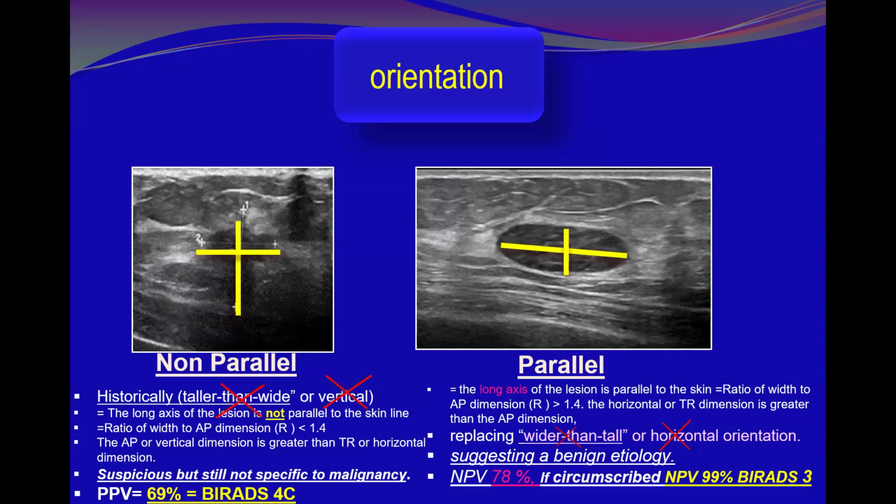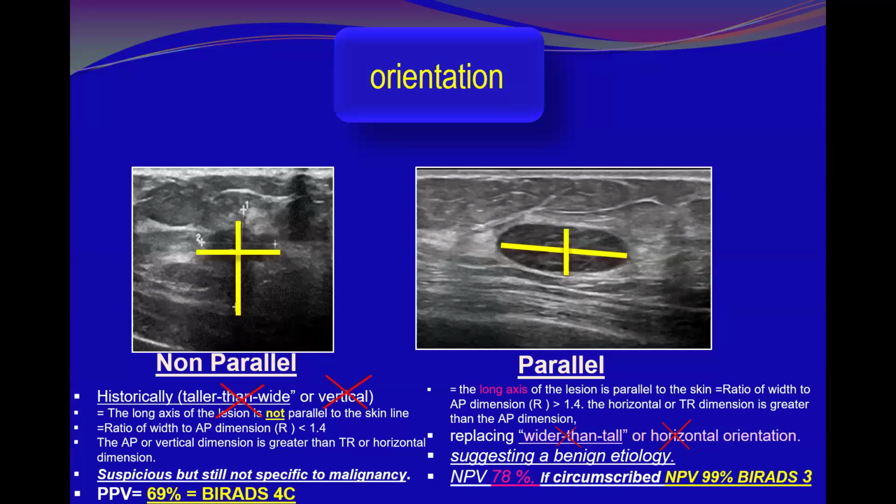Now they are using the parallel descriptor, usually suggesting benignity, or benign etiology, with a negative predictive value of 78%, okay? However, I still have a 22% probability of malignancy.